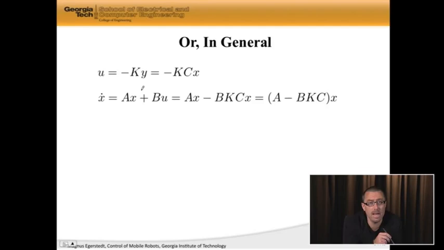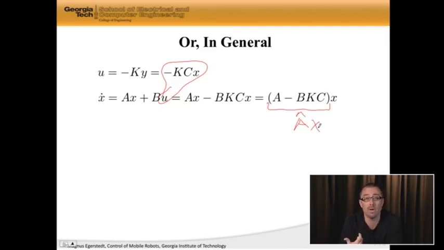So now let's plug this into our differential equation that we have. So x dot is Ax plus Bu, and now instead of u, we're plugging in this term, right? So then we get A minus BKC times x. And this we can write, if we want to, as A hat times x. So this is just a new system matrix.